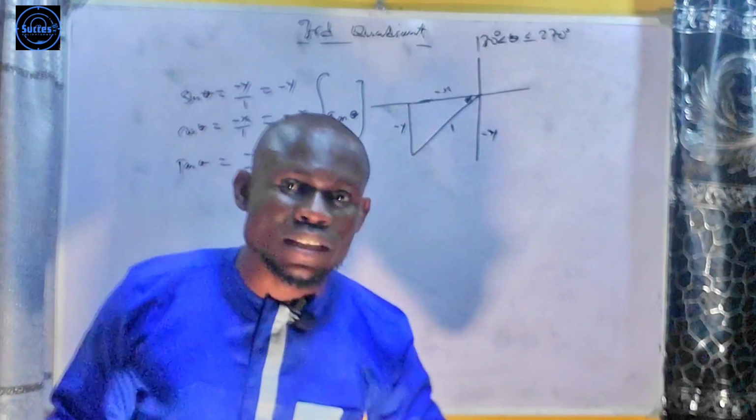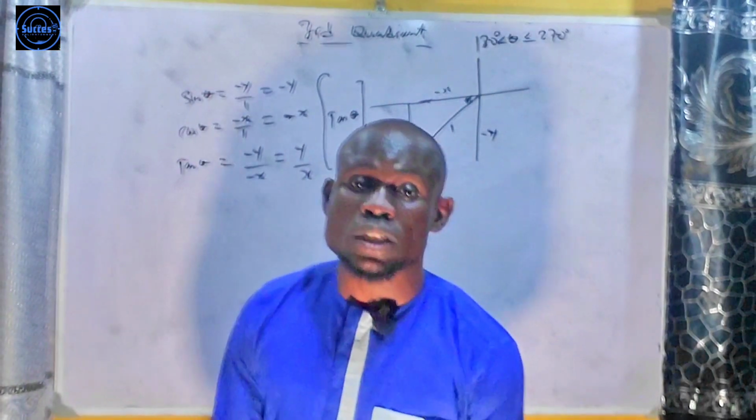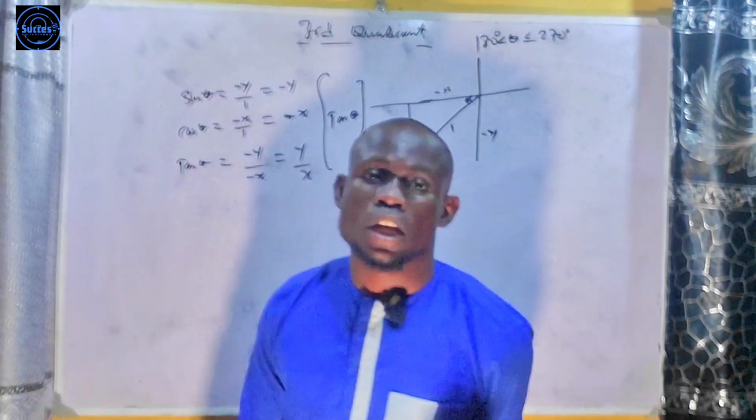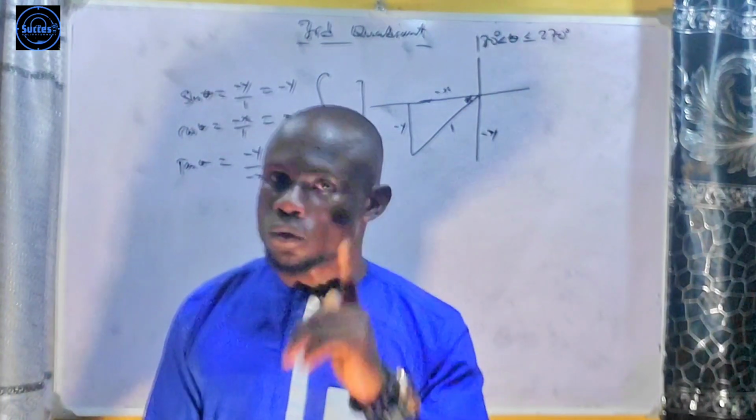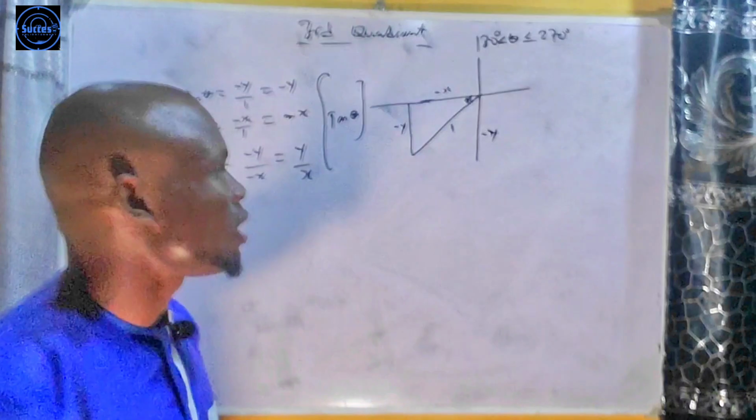Now after you must have known this, the next thing you have to know is how do you estimate angles in the third quadrant? You only estimate this angle by finding their equivalent in the first quadrant. Now how do you find the equivalent in the first quadrant? It's very, very simple.